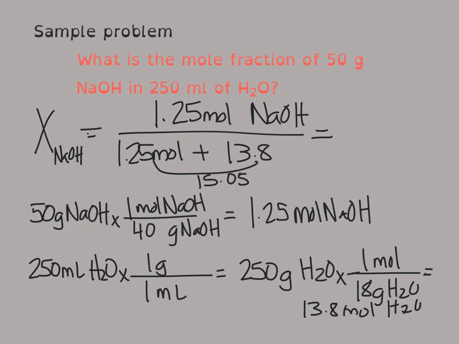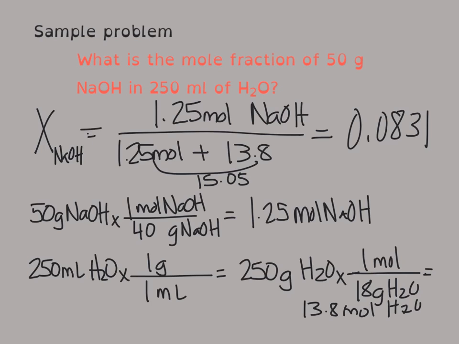So to solve it, we take 1.25 divided by the 15.05, and we get a mole fraction of 0.083. And mole fraction has no units because it's a comparison of moles to moles.